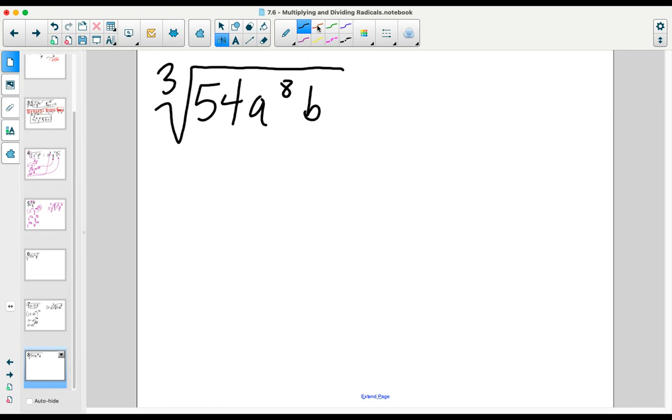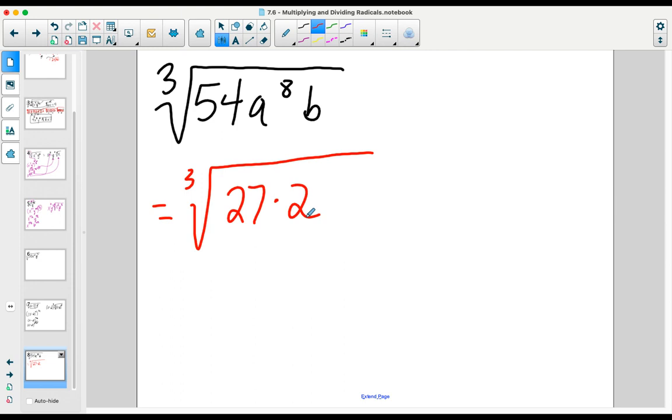Now, could I write out the prime factorization of 54? Sure. Or I could use a little bit of careful thinking and say to myself, is there a perfect cube that's lower than 54 that I could recognize as going into it? And sure there is. That perfect cube is 27. So I split the 54 as 27 times 2.